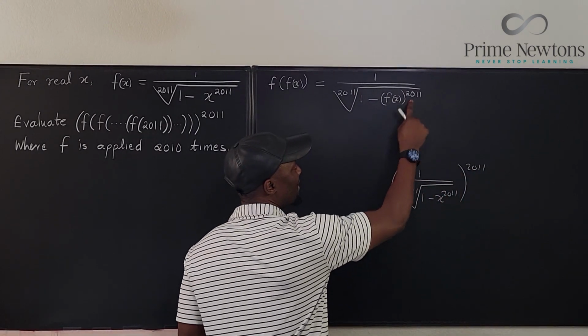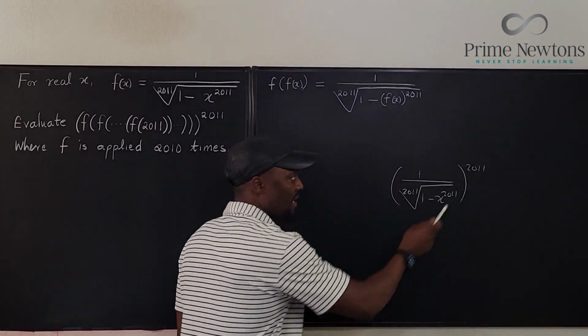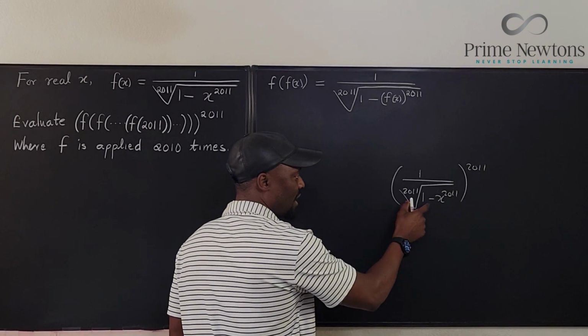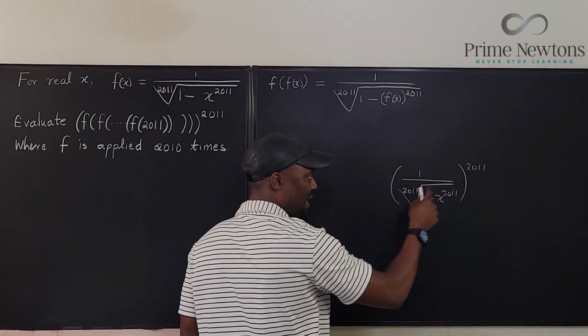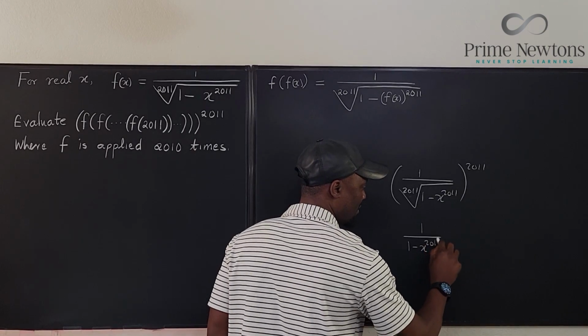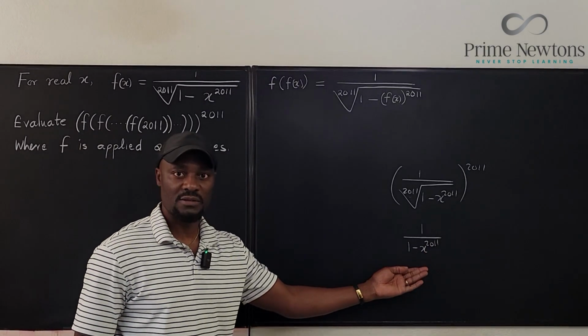See what happens. This 1 raised to power 2011 is just 1, but in the denominator, because of this root, this will cancel this out, and what you have left is just 1 minus x to the 2011.